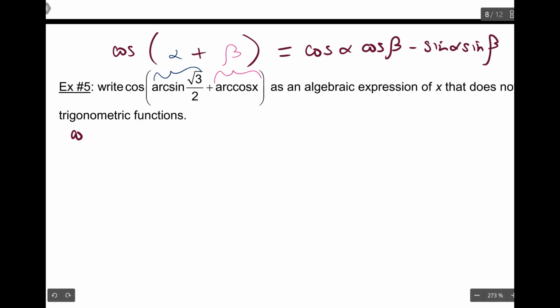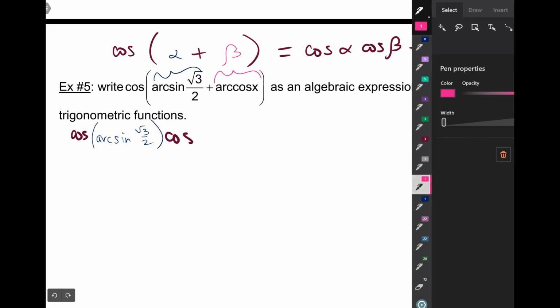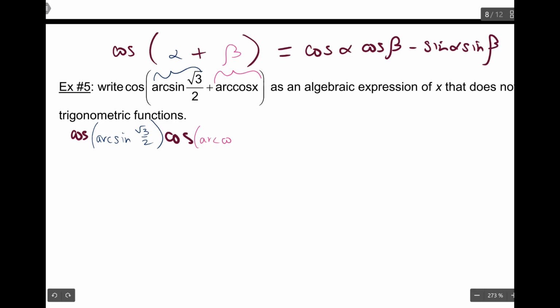So I have cosine of alpha, cosine of arc sine square root of 3 over 2 times cosine of beta, so that's arc cosine x, minus sine alpha, which is arc sine square root of 3 over 2, times sine of beta, so it's going to be times sine of arc cosine x.